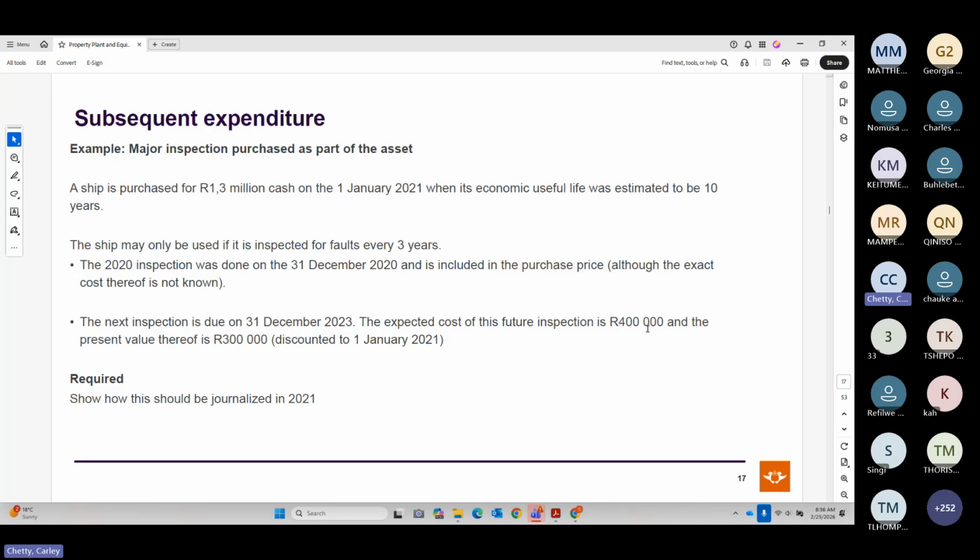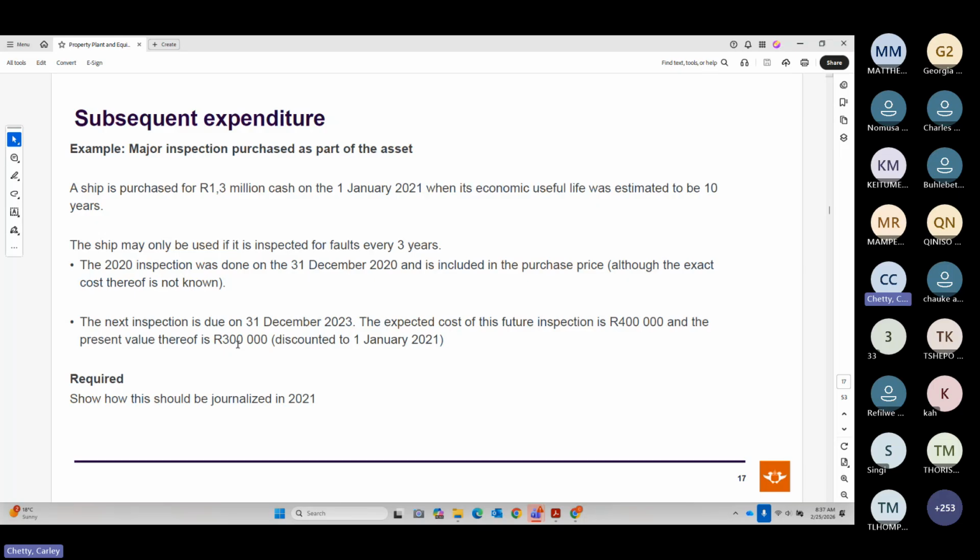But the future inspection of 400,000 Rand is going to happen in the future. So we cannot use that value of 400,000 Rand because of the time value of money. We need to present value that 400,000 Rand to today's terms of 1 January 2021.